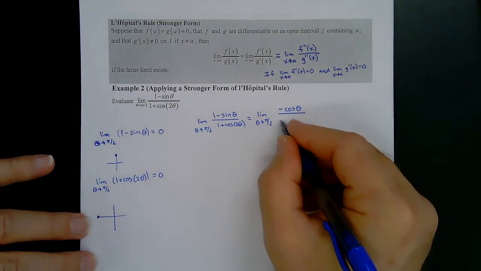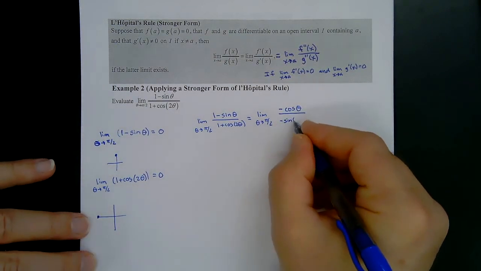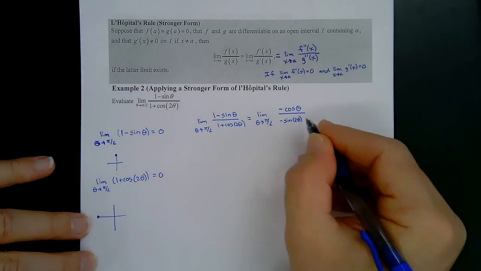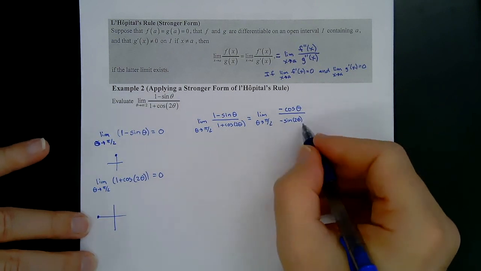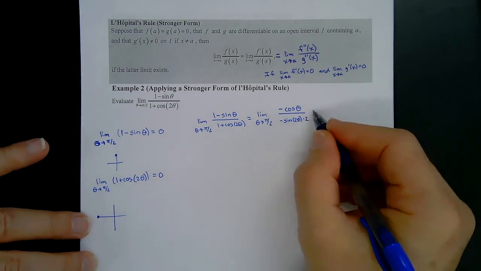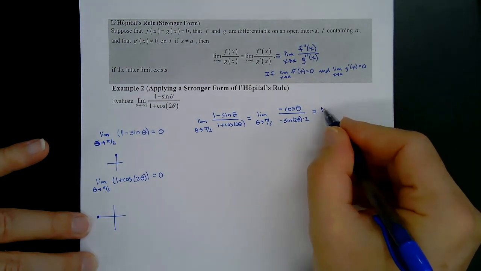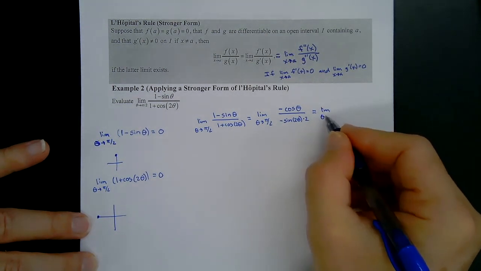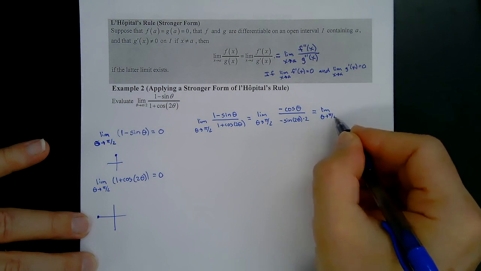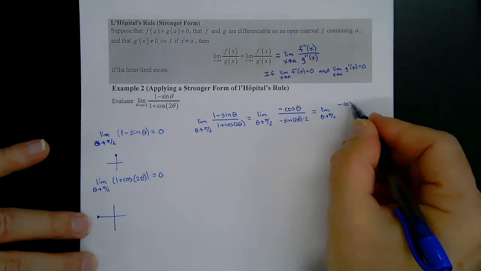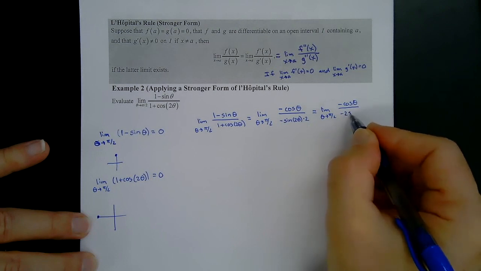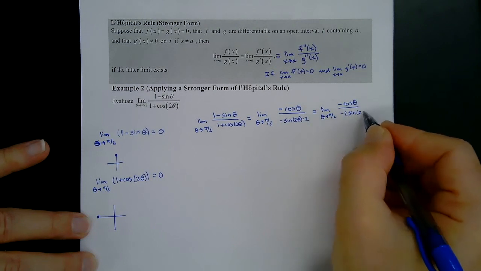So this is going to be negative sine of 2 theta times the derivative of the inside function, so that'd be times 2. And so this becomes the limit as theta approaches pi over 2 of negative cosine of theta over -2 sine of 2 theta.